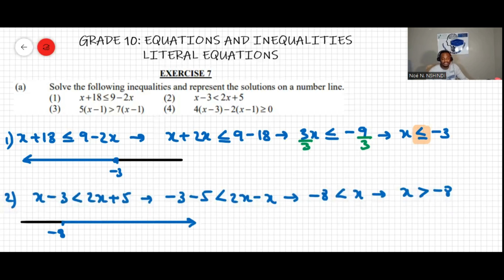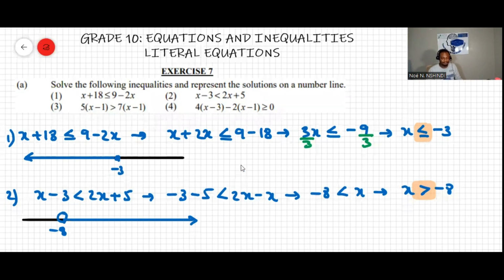And the fact that the symbol here is greater than, it's just greater than. This means strictly greater than, not greater than or equal, but greater than. Over here, we must put an open circle by negative 8. Okay, to say that negative 8 is not part of the interval. Okay, is not included in the interval. In the contrary, here negative 3 was part of the interval. Okay.